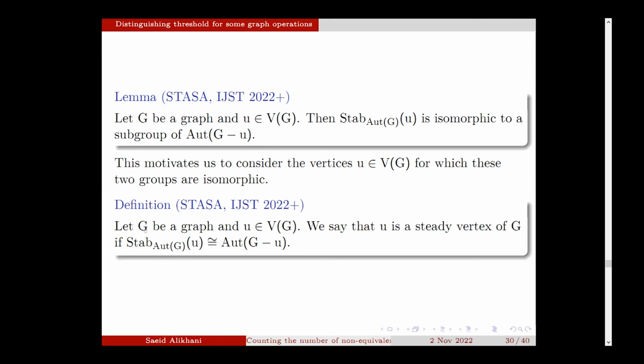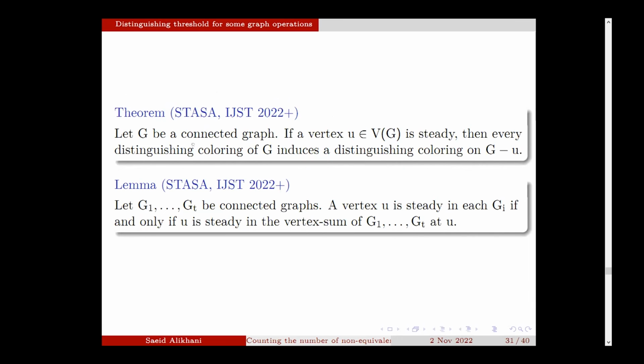We have this definition: if G is a graph and U is a vertex in G, then we say U is an STD vertex if the stabilizer of this vertex in the automorphism group of G is isomorphic to the automorphism group of G minus U.